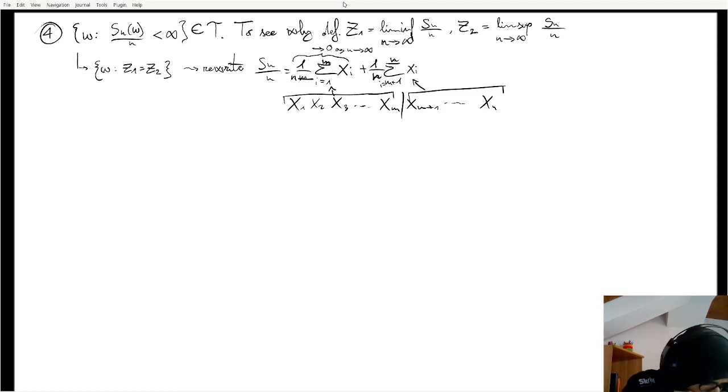And so we can call this thing Sn1 plus Sn2, which are basically these two sums, but this thing goes to 0, and well, m is less than n.